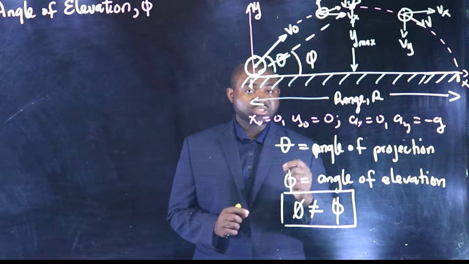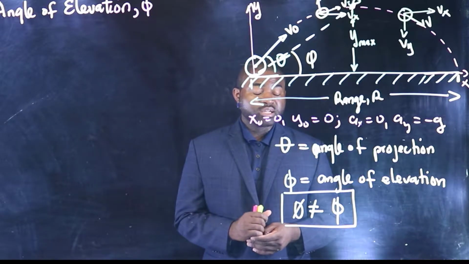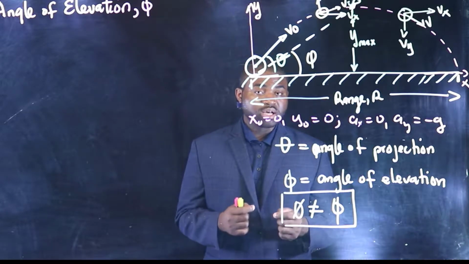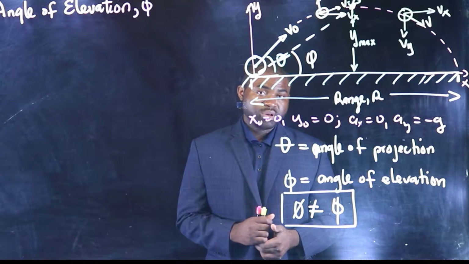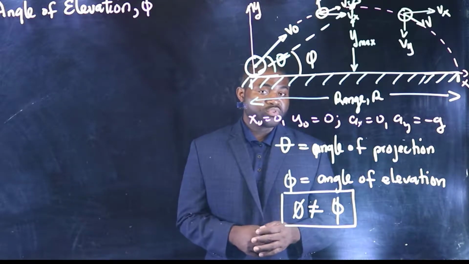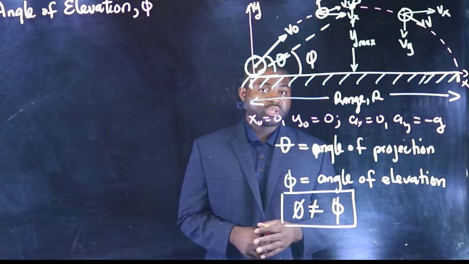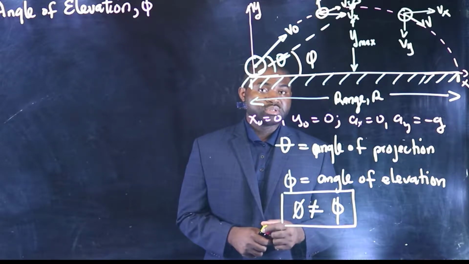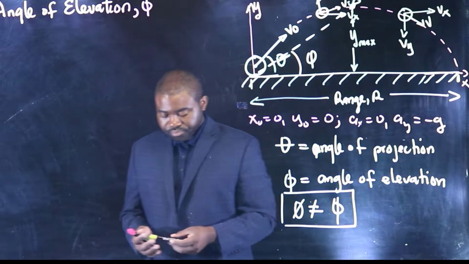If you know the maximum height, then it is very easy to calculate the angle of elevation. Therefore, I feel it is important for you to know the relationship between the angle of projection and the angle of elevation.